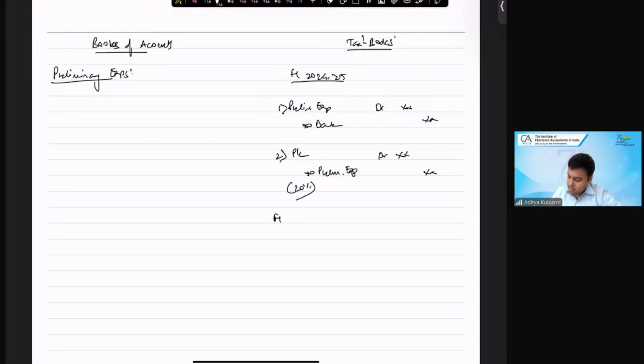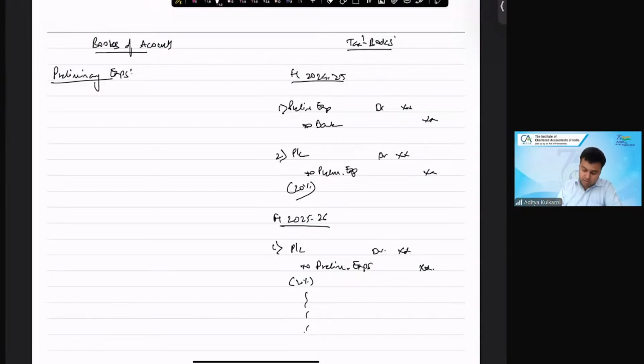P&L debit to preliminary expense, another 20%. So on and so forth, it will continue. Are we okay with this? Yes, sir. Now, in accounts, what are you doing?